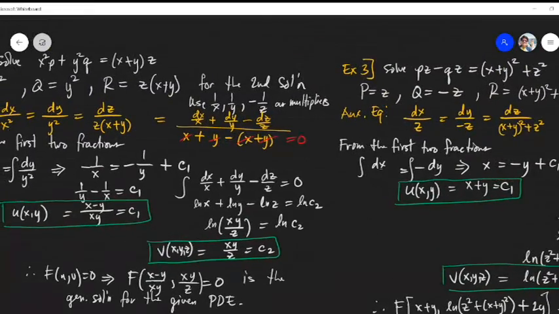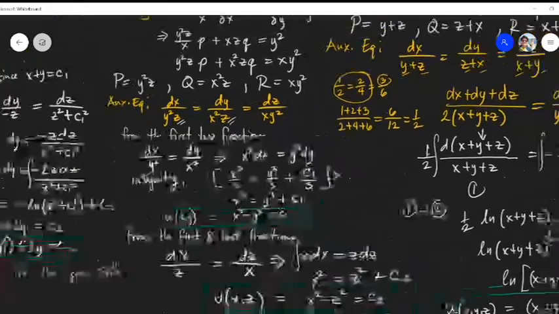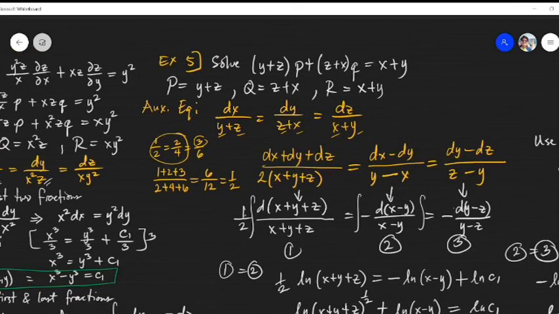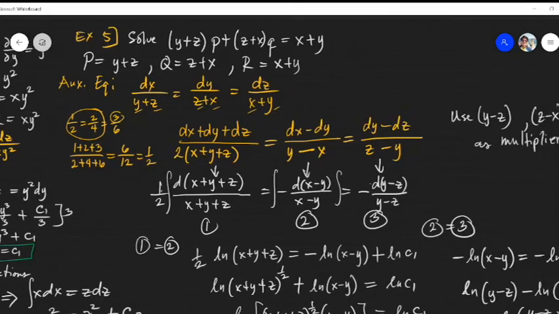So the goal is to make it simpler and we arrive with a denominator of 0, so that we can integrate separately our terms with one variable only.